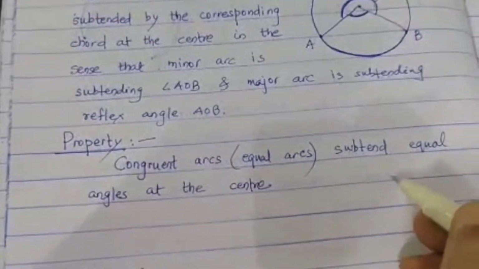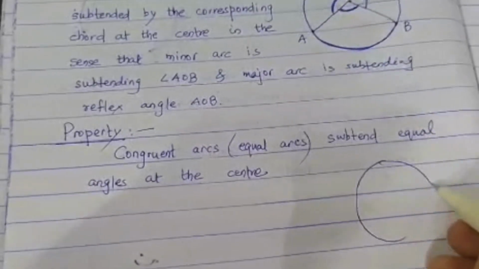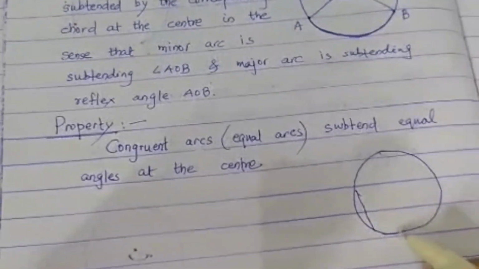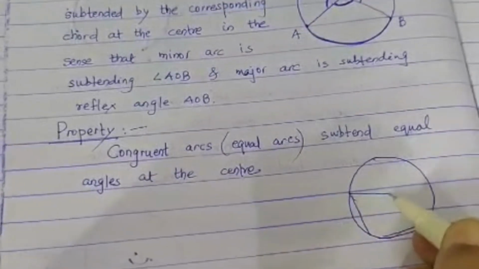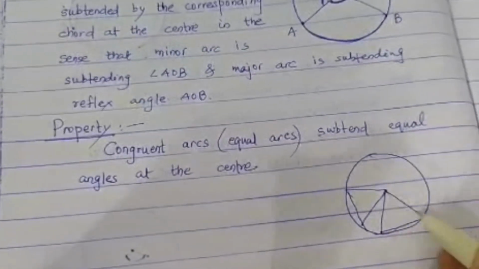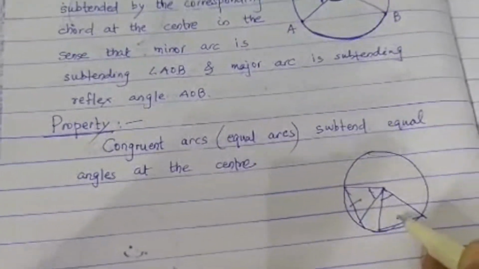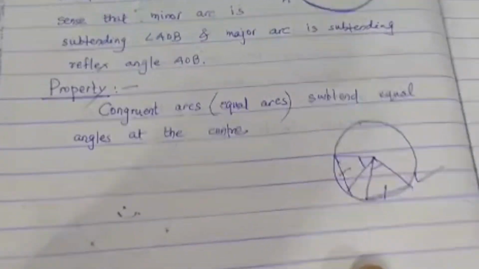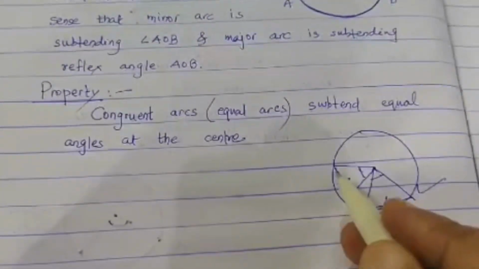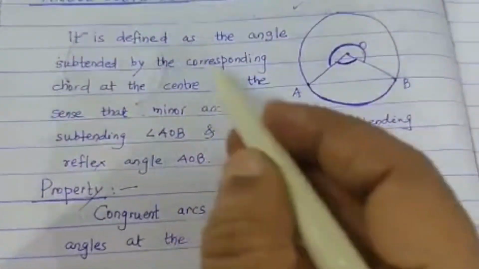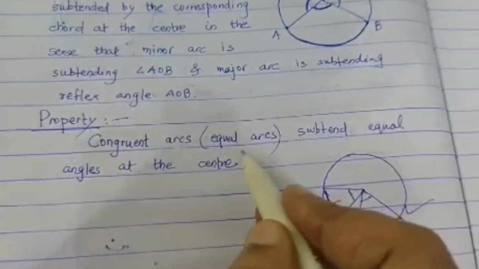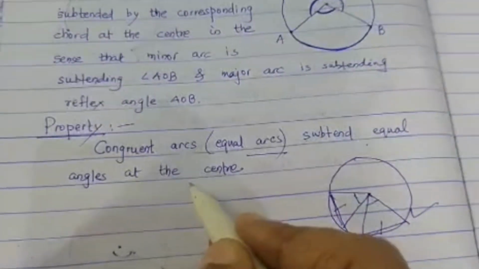Likewise in the case of chords. Okay, we have studied this. If there are two equal chords, then the angles subtended by the chords at the center are also equal. We have seen its proof also. So with the help of this theorem and this definition, we can say that congruent arcs or equal arcs subtend equal angles at the center.